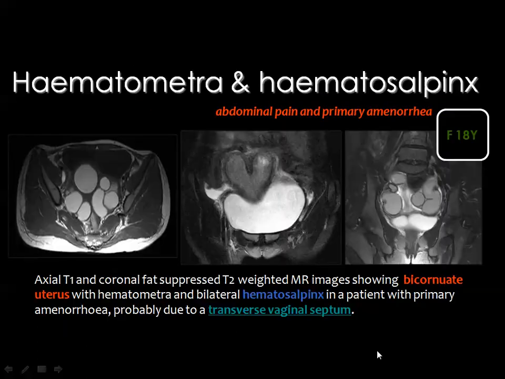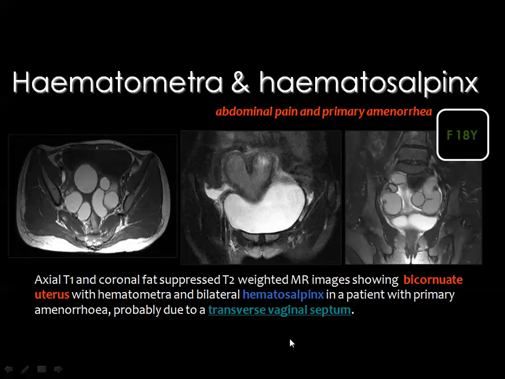Of course, and this patient had the bicornuate uterus, which is filled of high signal material or blood, high signal blood, in the T1 weighted image, and in the T2 weighted image, this is blood, and the fallopian tubes are also dilated and filled by blood signal, which is bright in the T1 and bright in the T2 weighted image.